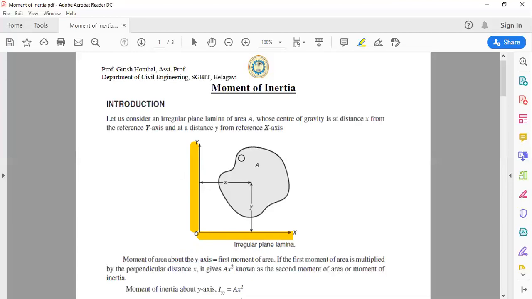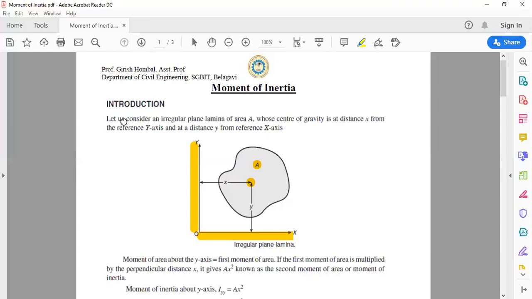Now we have an irregular geometric figure of area A, and we have taken a specific point in that area, and this point is at a distance y from x-axis, and it is at a distance x from y-axis. Now we need these perpendicular distances so that we'll be able to calculate moment of inertia.